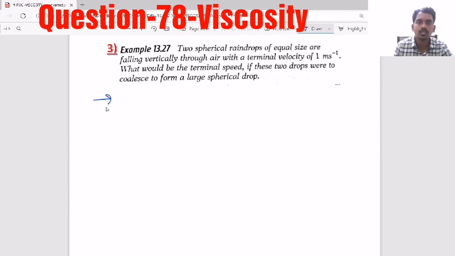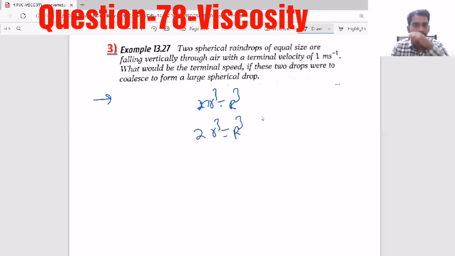Now here the question is, two spherical raindrops of equal size are falling vertically through air with a terminal velocity of 1 meter per second. What would be their terminal speed if these two drops were to coalesce to form a large spherical drop? Coalesce is nothing but combining. So two drops means we have the general formula n r cube equal to capital R cube, so 2 r cube equal to capital R cube.